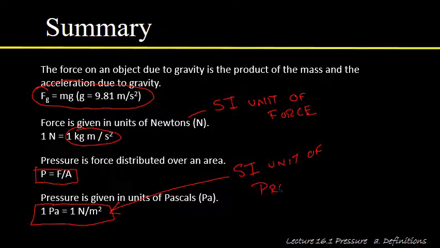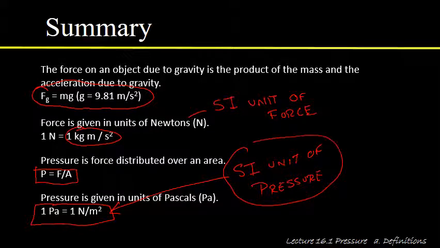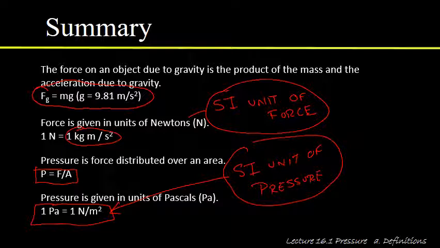Okay. And we did a couple simple calculations on pressure. You want to make sure that you can repeat those types of calculations. And then once you've got that, we'll move on and start looking at pressure in gases. That'll be the subject of the next videos.